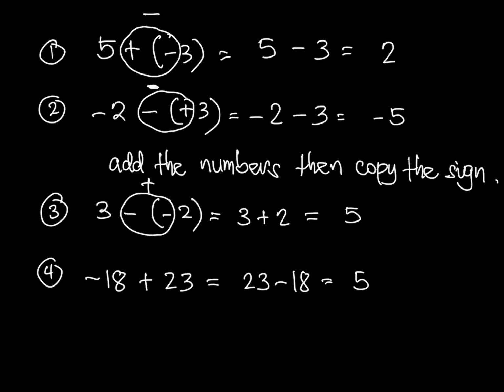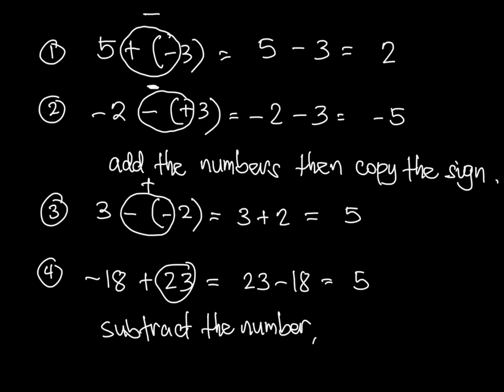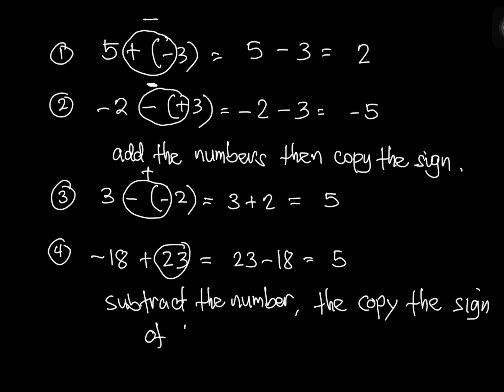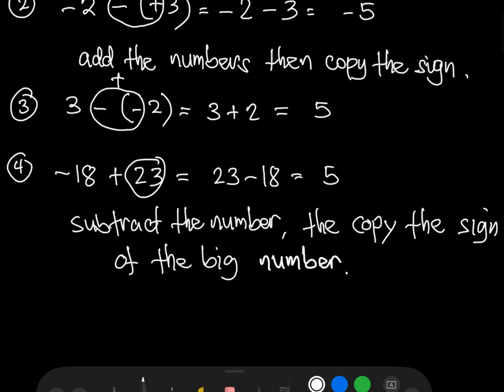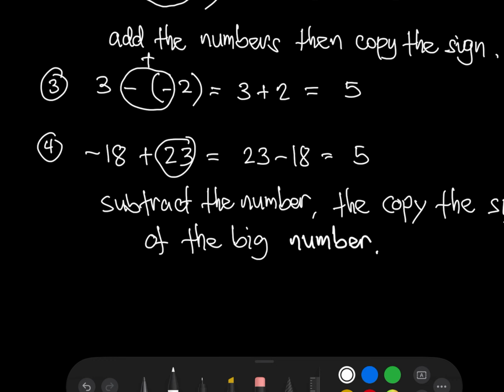And the sign of the big number, 23, is positive. So therefore, the answer is positive 5. You understand? So our rule is: subtract the numbers, then copy the sign of the big number.